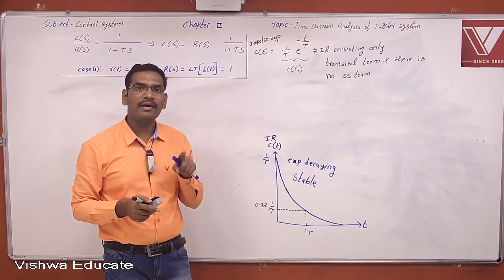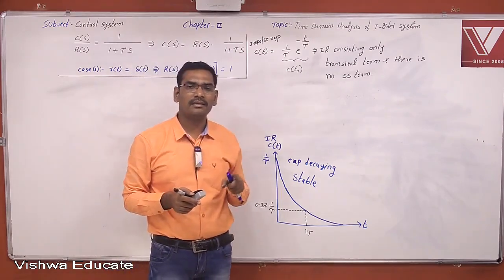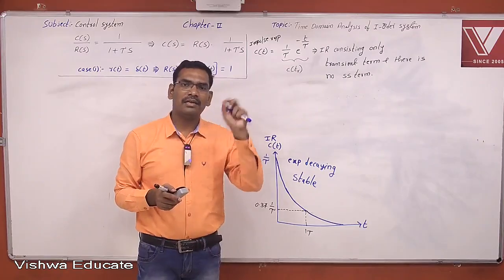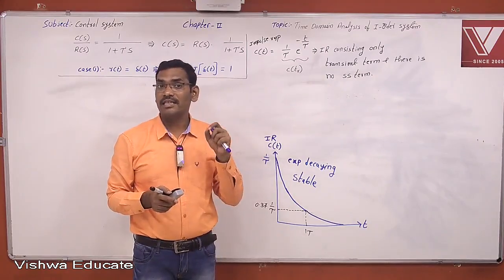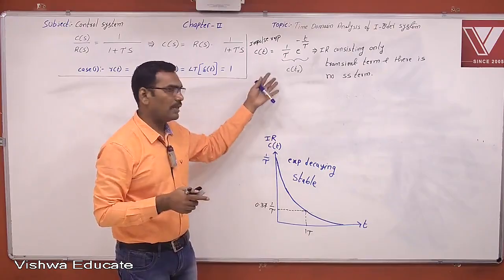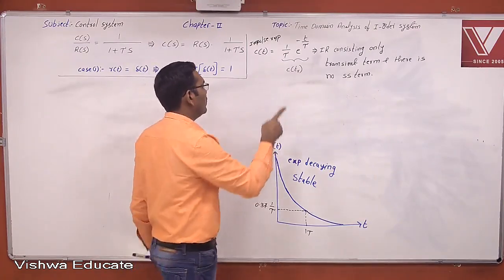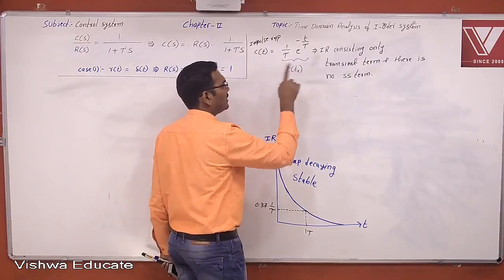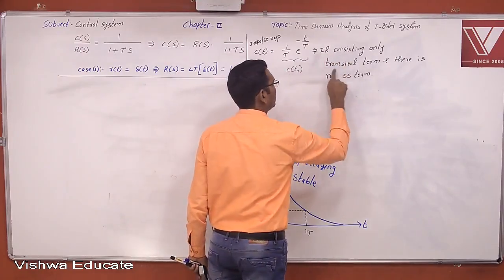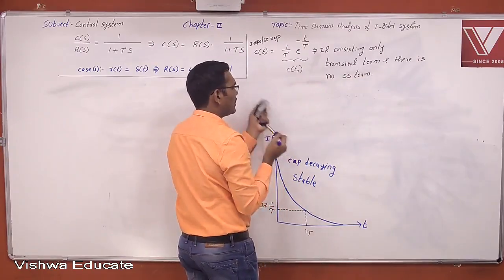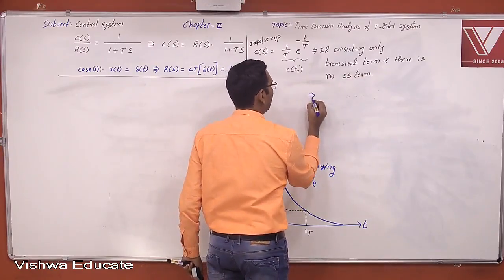That is the reason why, students, in all our previous topics on the impulse response, we just draw the response and it is finished. We do not touch the error analysis for the impulse response. The total time domain analysis has both a transient state term as well as a steady state term, but the impulse response consists only of a transient term. If there is no steady state term, we cannot calculate.